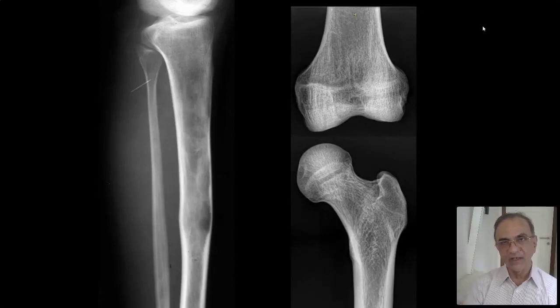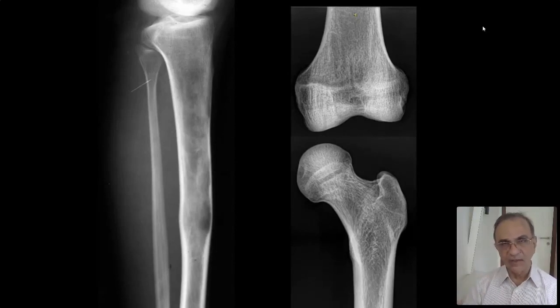Now contrast that, the images on the right, with the image on the left, okay? Look at the middle third of the shaft of the tibia. I don't have to tell you that the right shows normal trabecular pattern, the left shows abnormal trabecular pattern. Look at the upper end of the tibia in the image on the left, the first top 2 or 3 centimeters or whatever. Forget the expansion of bone, forget all that.